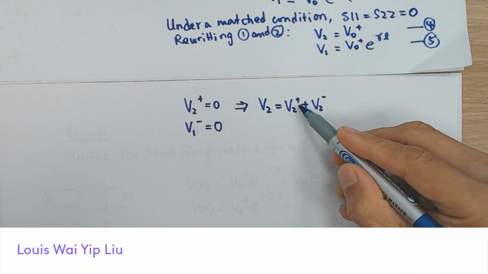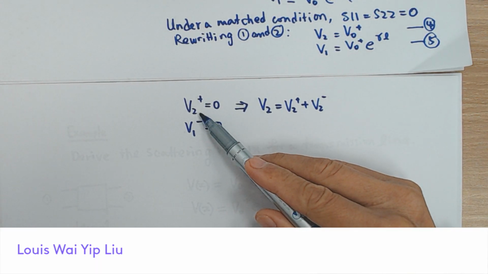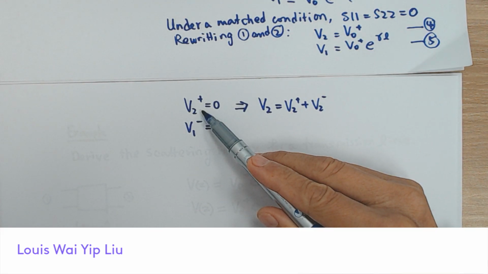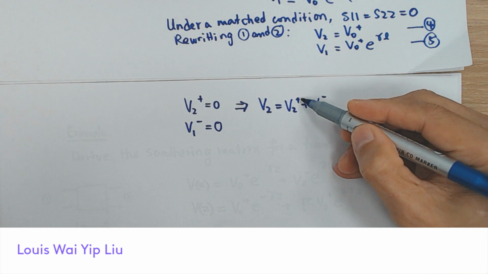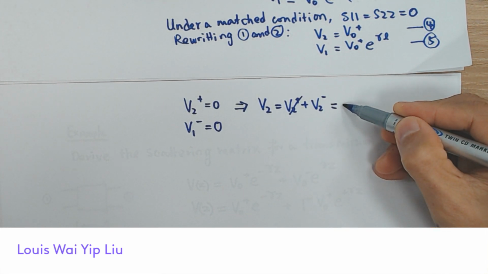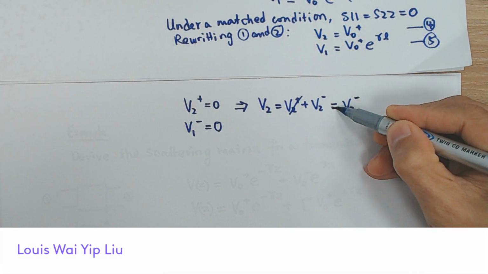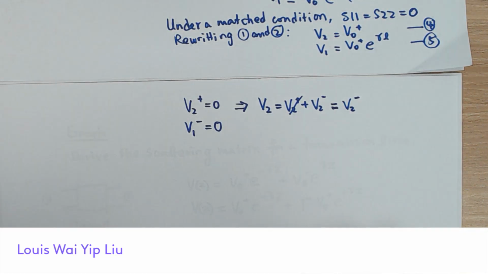But under this condition, as I said, the incident wave at port 2 is 0. So this term is 0. So we can say V2 minus is equal to V2.